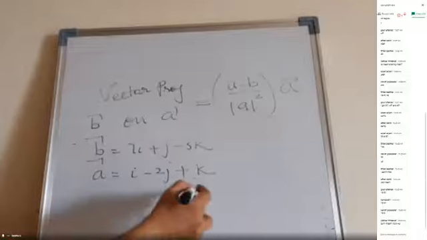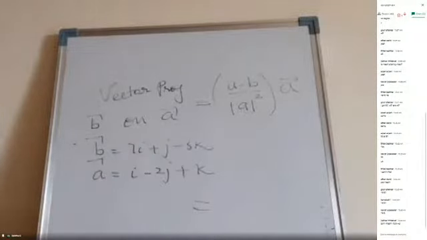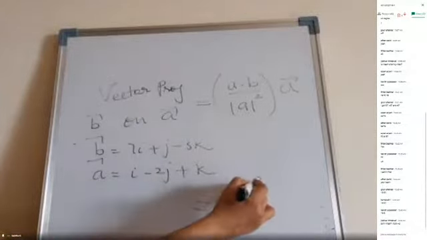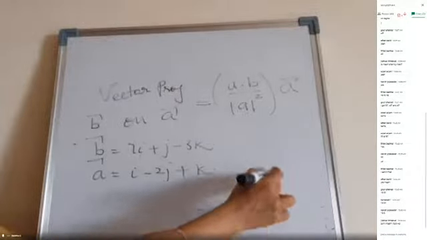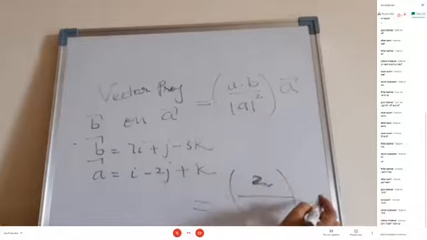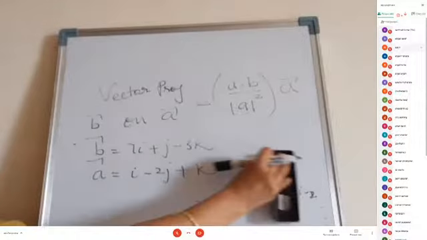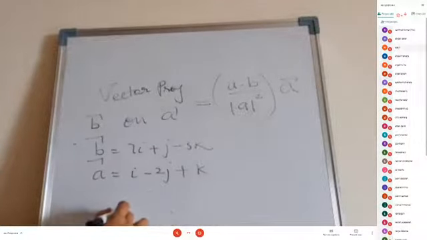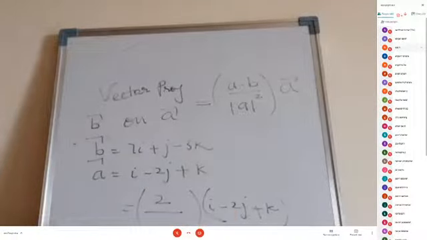A dot B is 7 minus 2 minus 3, which is 2. So the numerator is 2. A vector is i minus 2j plus k.